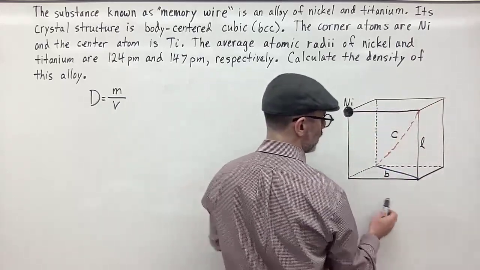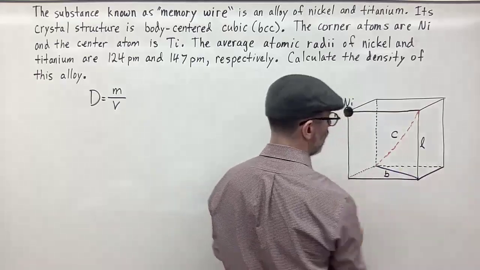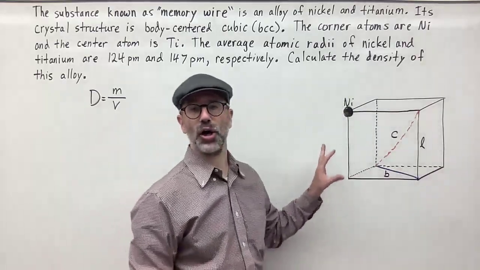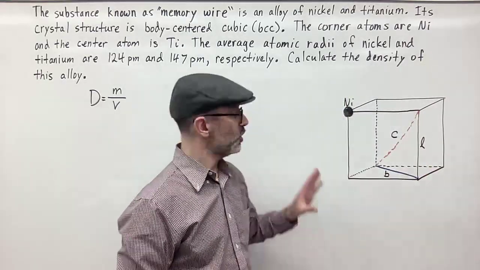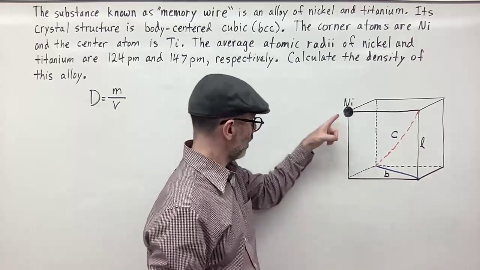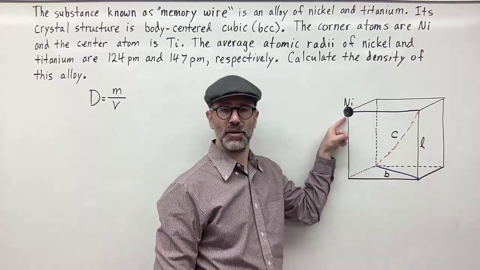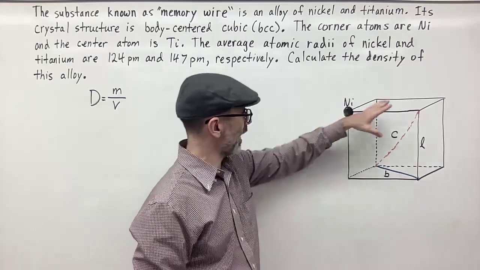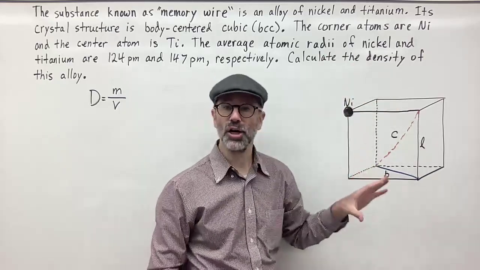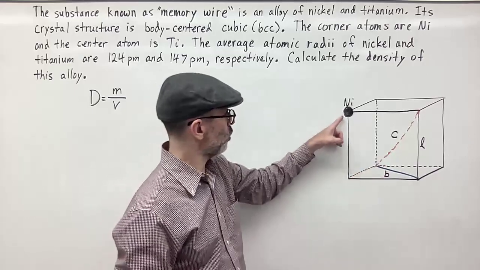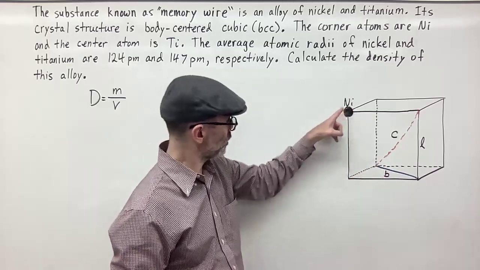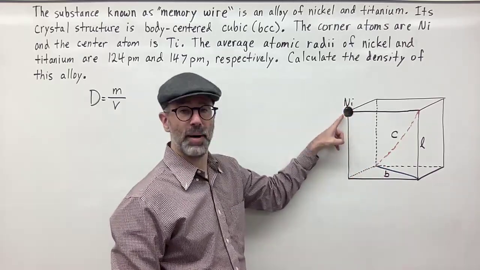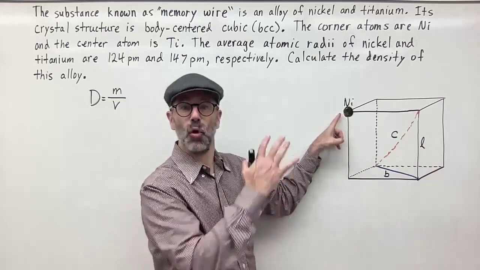This bottom face would be another cell shared. So I'm only drawing one cell. If you can imagine, this nickel atom here is actually being shared by 8 cells. This corner is shared by 8 total cells.